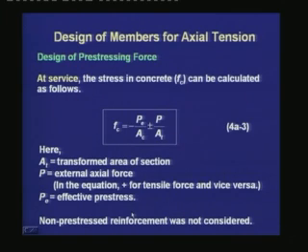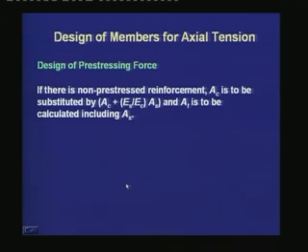Pe is the effective prestress after long term losses. In this expression, we did not consider the non-prestressed reinforcement. If there is non-prestressed reinforcement, Ac is to be substituted by Ac plus Es divided by Ec times As, and At is to be calculated including As, as we had seen during the definition of the geometric properties.